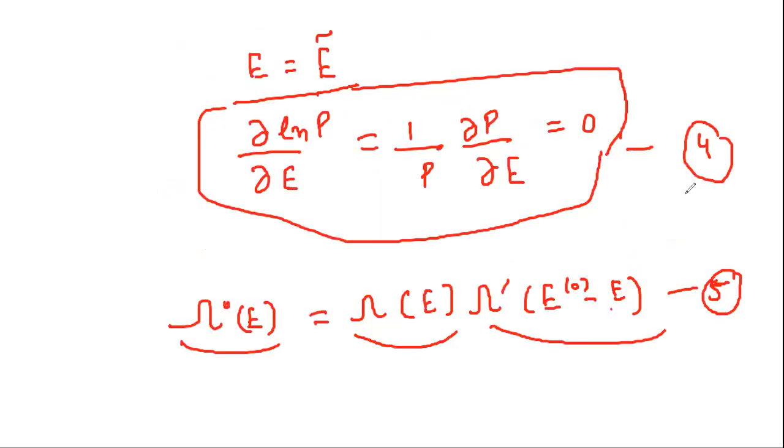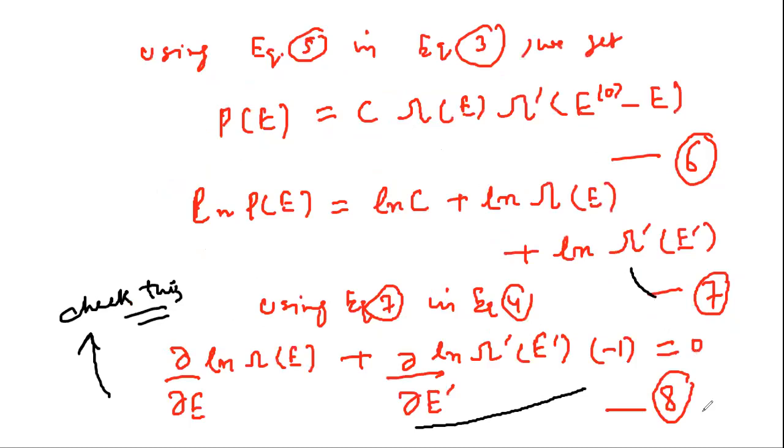So the maximum condition is equation 4. Then we said I can write this sigma naught E as a product of these two factors. Then we found this P of E, then ln, then we find this derivative. Here we change the variable, sorry, not the variable of integration, the variable with which we are differentiating.